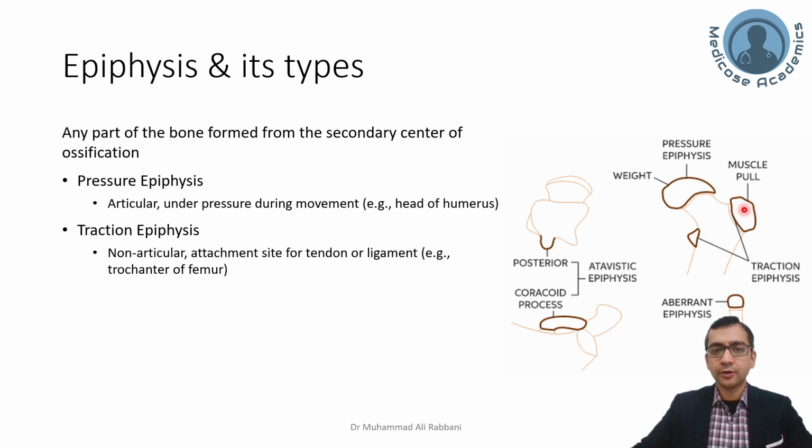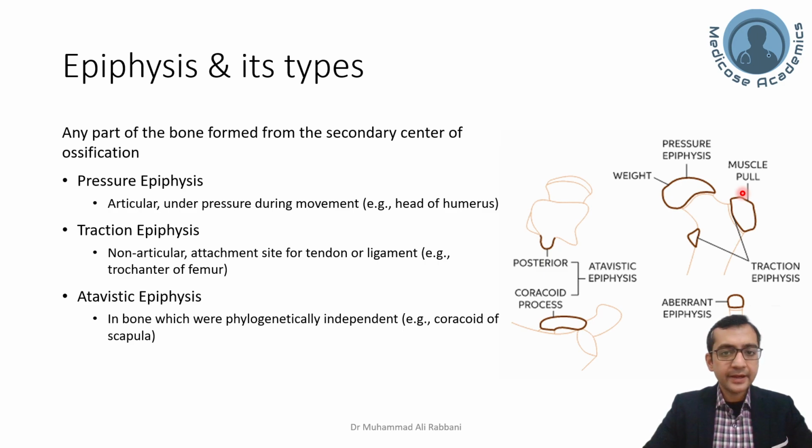This is the greater trochanter of the femur, and the lesser trochanter of the femur. Here, various muscles are attached. They pull and move the femur, so this epiphysis is known as traction epiphysis, and they are not part of the joints.